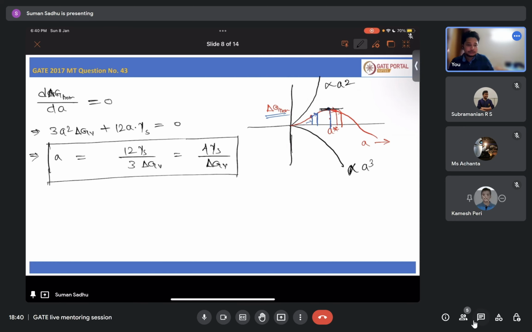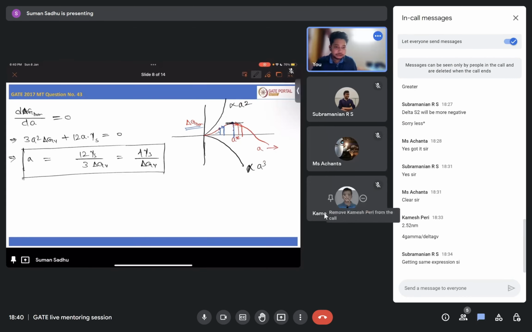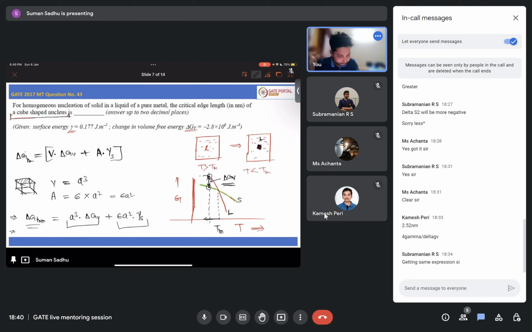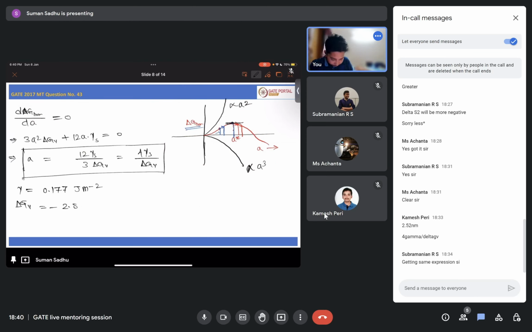Now we can put in the values. Gamma is given as 0.177 joule per meter square, and delta GV is also given as minus 2.8 into 10 to the power 8 joule per meter cube. Now we can calculate.